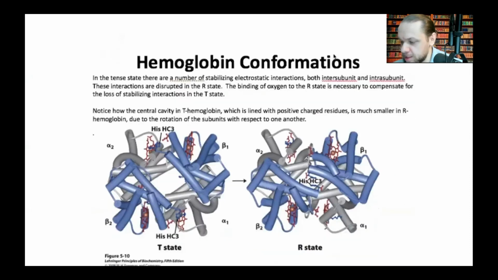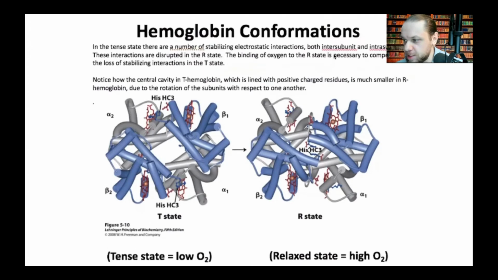Now, if this is clear, we're going to get to the oxyhemoglobin dissociation curves. This is what I was saying to you about the tense state and the relaxed state. Let me make it so you start to understand this better.